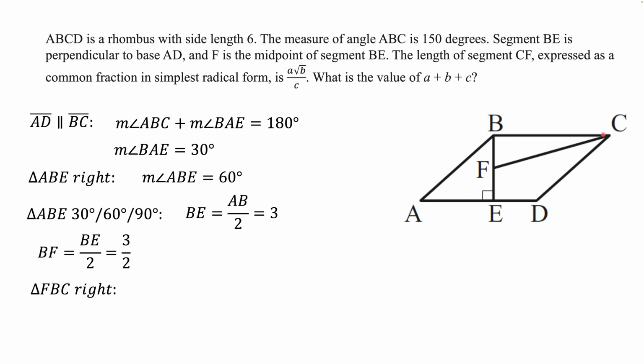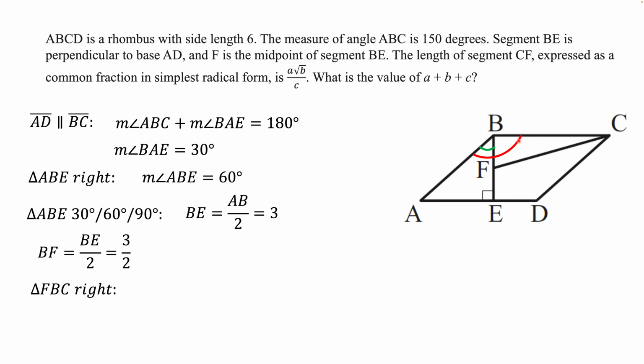The other way to look at it is we know angle ABC, this red one, is 150. We know this angle in the right triangle ABE is 60 degrees. So the angle FBC is the difference between these angles.